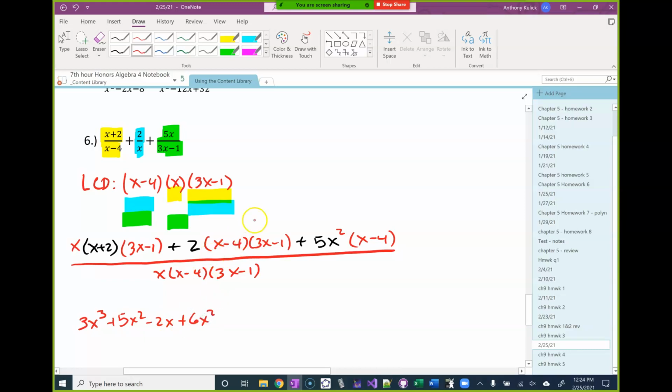And then minus 12 minus 1 is minus 13. And then times 2 is minus 26. And then plus 4 times 2 is 8. And then we have plus 5x squared. All of that still over our common denominator.